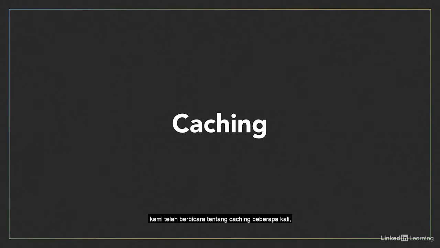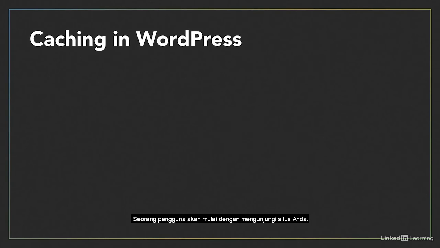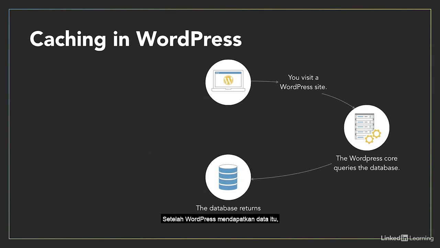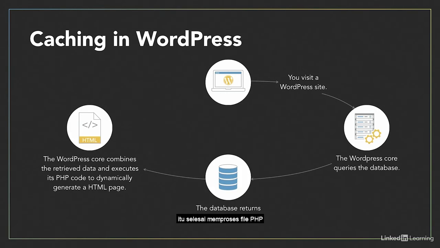In this course, we've talked about caching a few times, so let's do a quick review of exactly how it works. A user will start by visiting your site. WordPress will then process PHP and send requests to the database. Once WordPress gets that data, it finishes processing the PHP files and creates an HTML page.